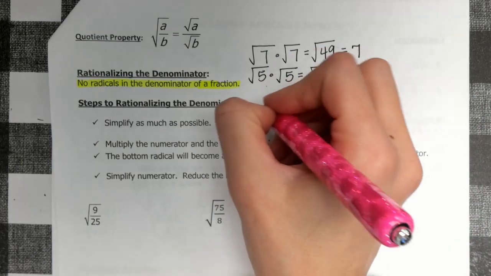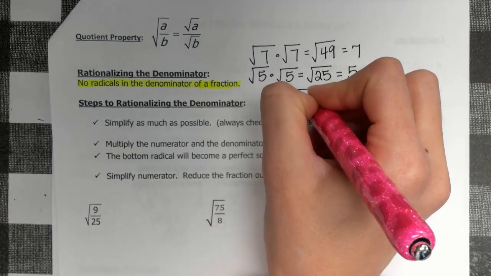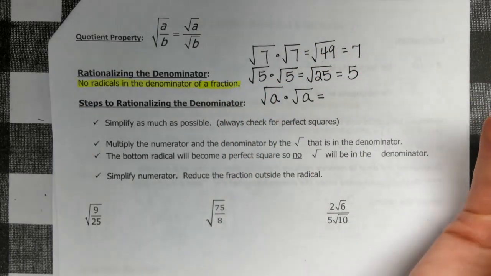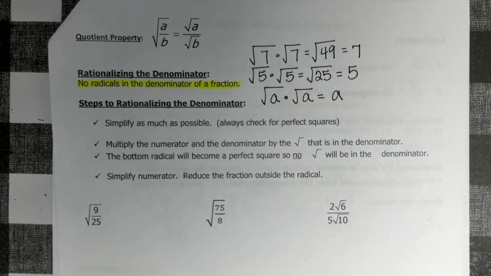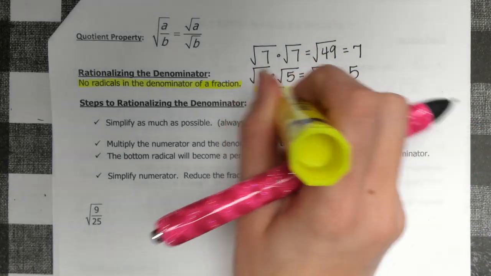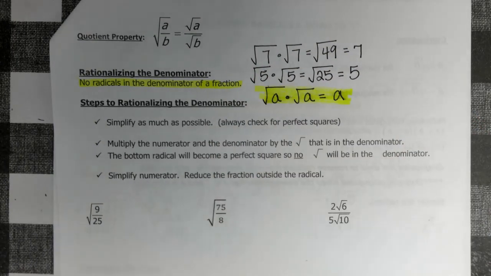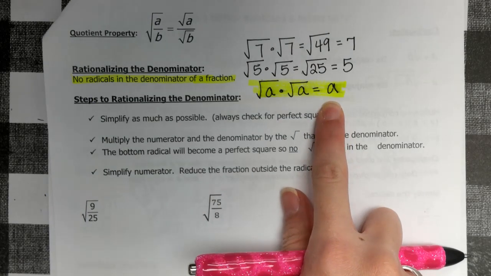So if I have the square root of a times the square root of a, ultimately that's just going to give me a. This concept right here is what we use to rationalize the denominator. If you want to get rid of a radical, you have to multiply it by itself for it to just become that factor or that radicand.